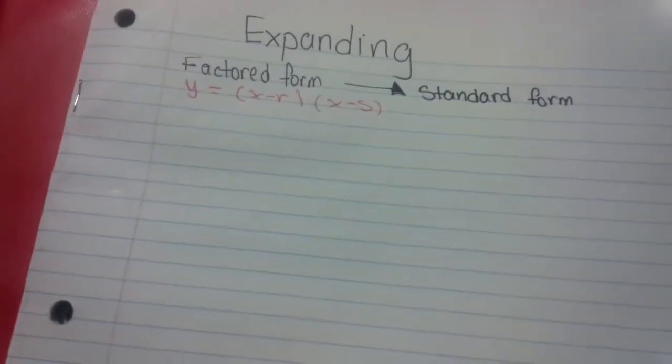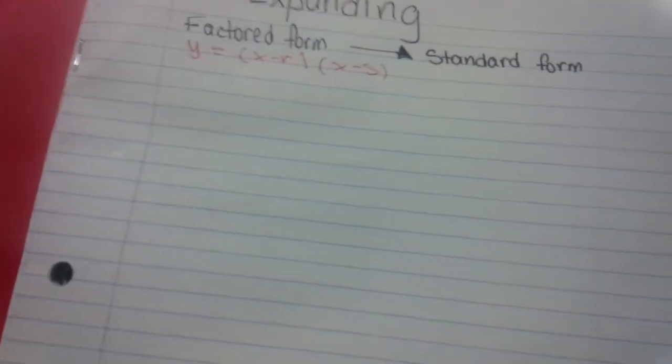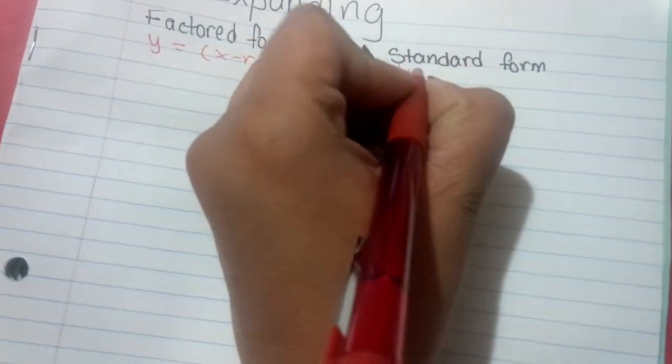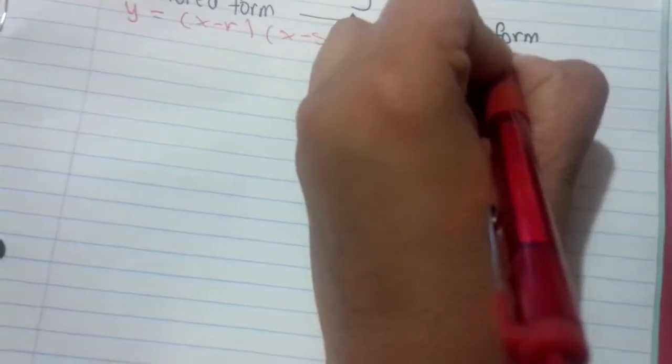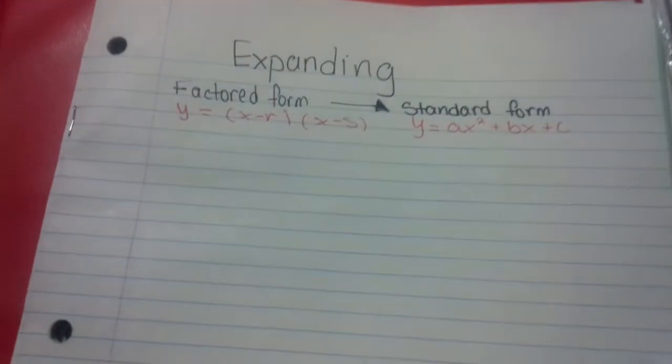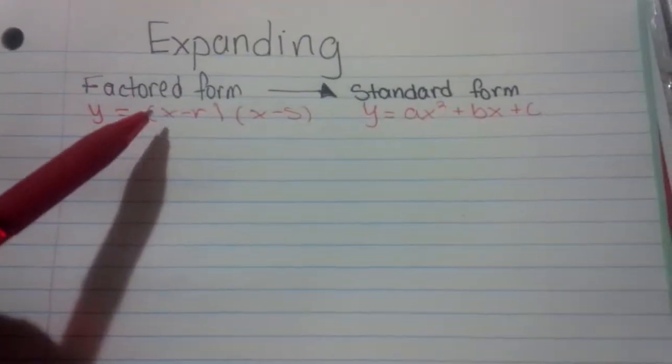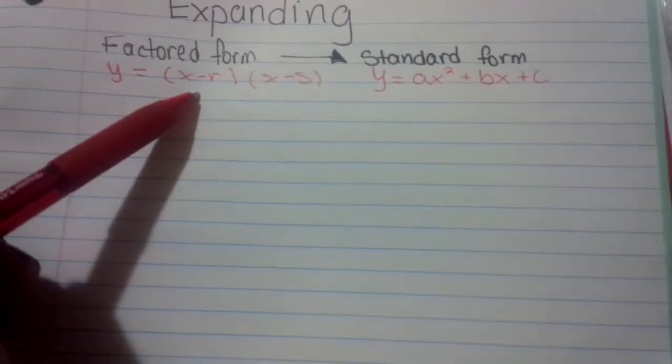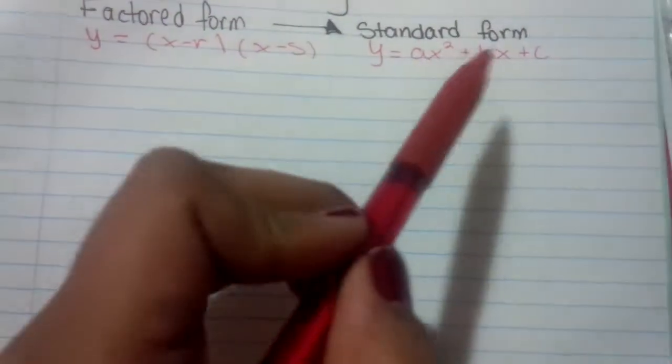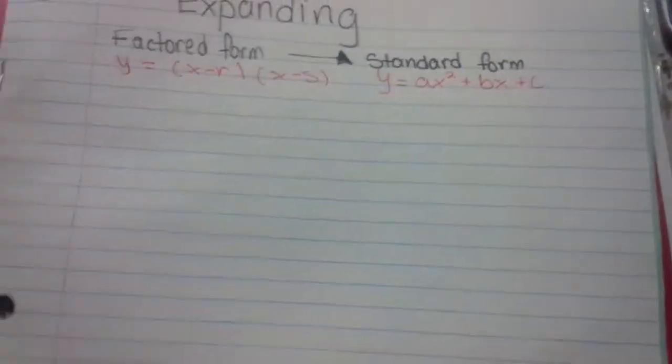There will also be a video on how to go from standard form to factored form, but to go from factored form to standard form, and remember standard form is y equals ax squared plus bx plus c. So we're basically going to go from this form, and we're going to expand everything in the brackets, and then we're going to go to this form. Let's do an example.